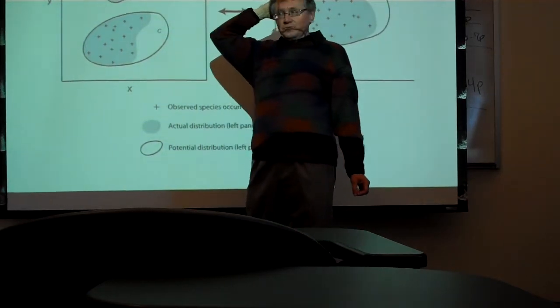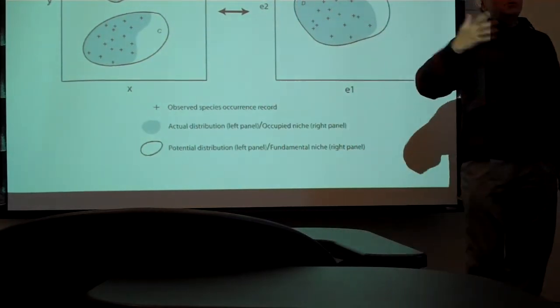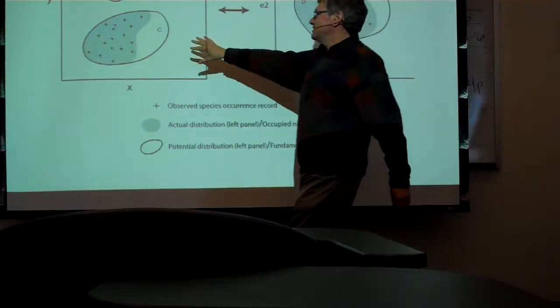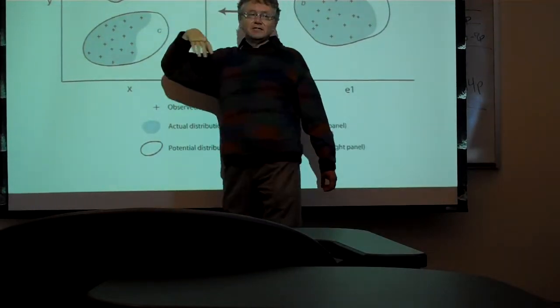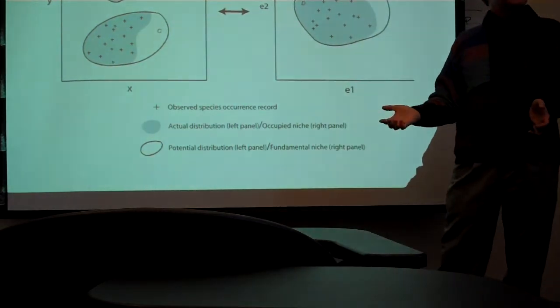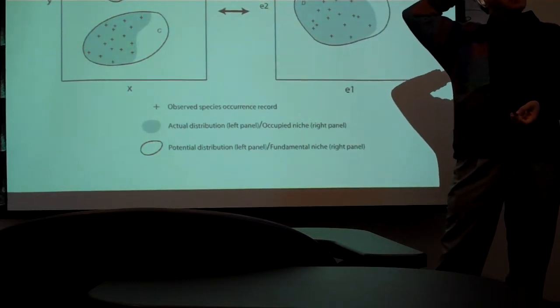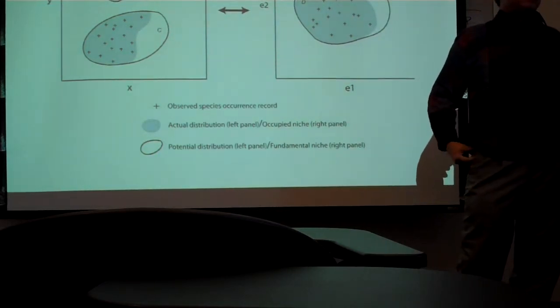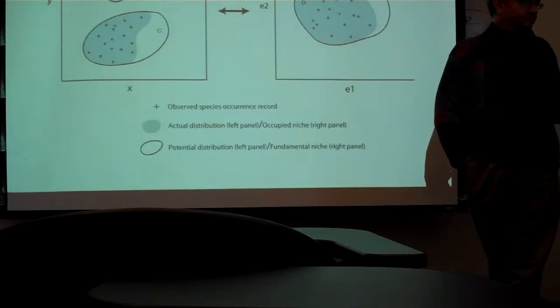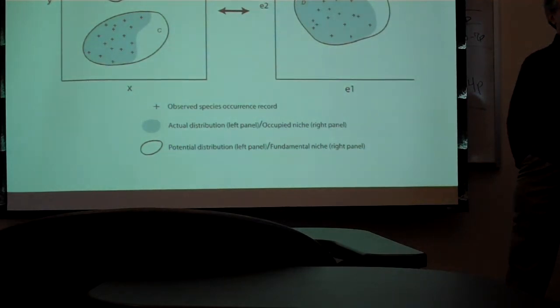In that case, in terms of where it's going to get to by itself, these areas are irrelevant. But if we're thinking about doing introductions or worrying about invasions, those are very relevant places to look at. So your assumption in this potential distribution is that you've understood everything there is to understand about this species, and there's no good reason you can account for why it's not there, other than it just hasn't made it there yet. Right.